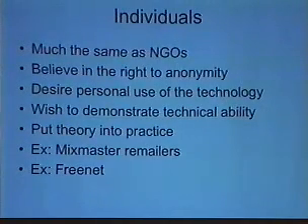A number of individuals, myself included, run anonymity services. Many of the individuals doing this have the same sort of motivation as the NGOs. They want anonymity, they want to see anonymity systems available on the internet, and they have, if they're lucky, the potential to operate a node or provide the service, and that indirectly helps us.